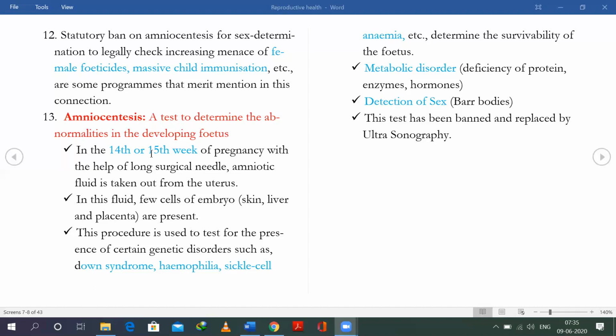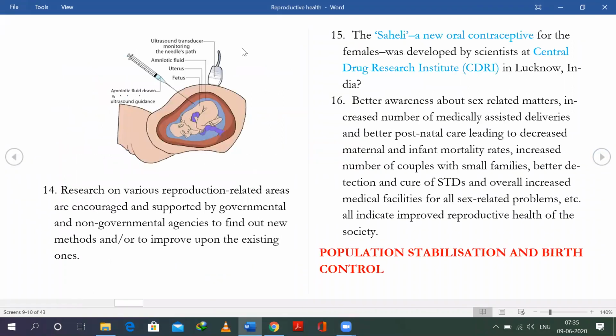It's illegal to conduct the amniocentesis test for these purposes. We have seen the procedure of how it is performed with the assistance of this diagram. Very important area for your NEET exam as well, the procedure called amniocentesis.